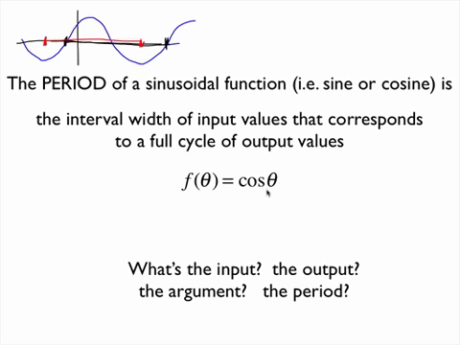The argument for cosine, when the argument varies from 0 to 2 pi, or any interval width of 2 pi, f experiences 1 cycle.